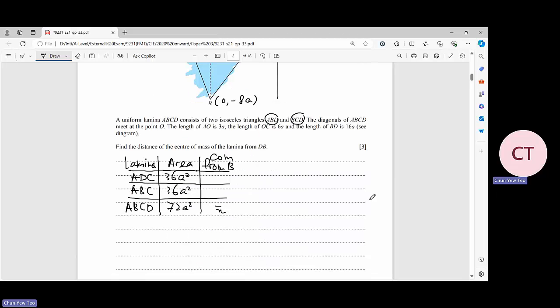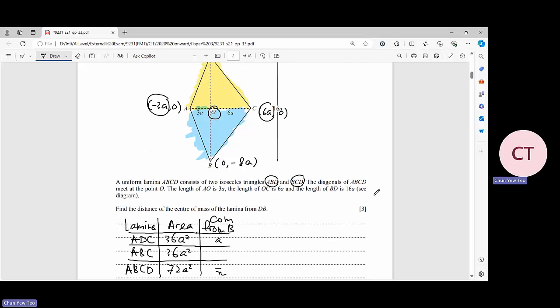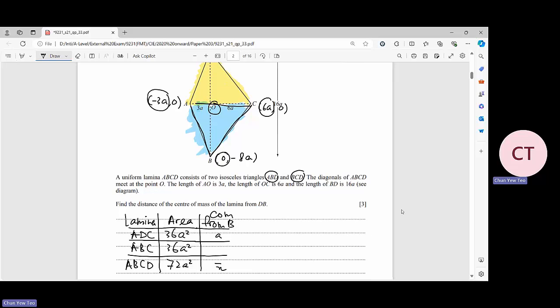You get 3a divided by 3, which is a. Same thing happens for the lower triangle ABC: add the x coordinates together, divide by 3, and you also have a.